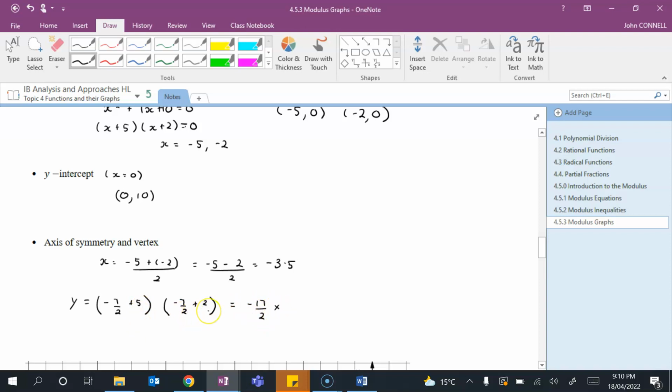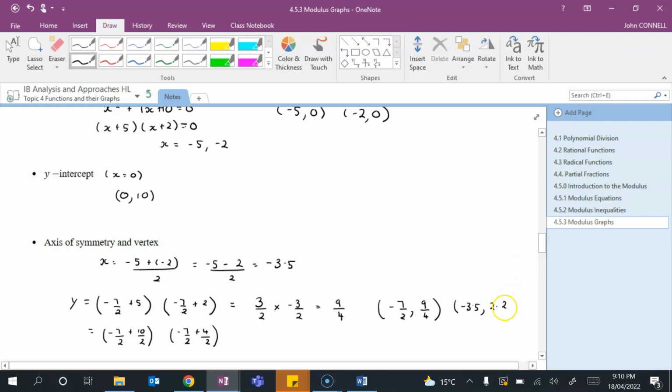And minus 7 on 2 plus 4 on 2 is minus 3 on 2. So perhaps I'll put an extra line in here, maybe that might have helped me get it right. The product is minus 9 on 4. And so the vertex is (minus 7 on 2, minus 9 on 4), which in decimal form is (minus 3.5, minus 2.25).